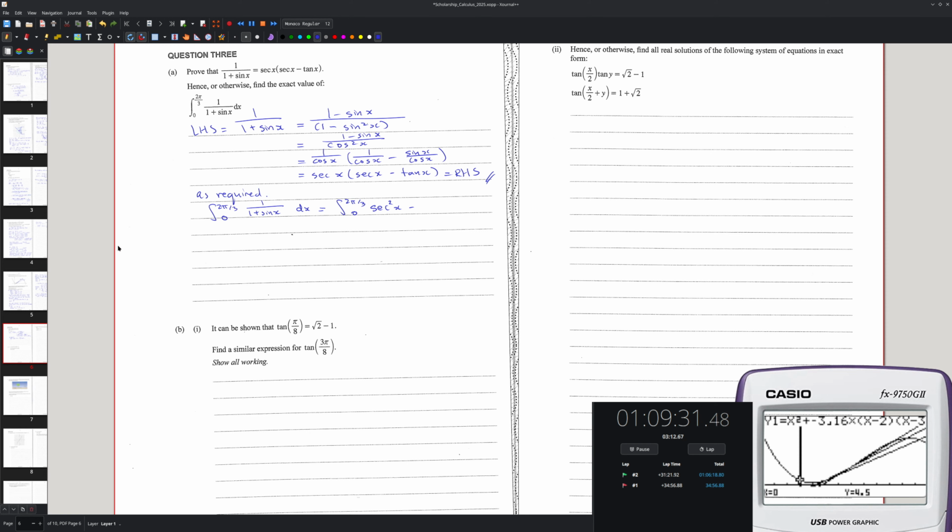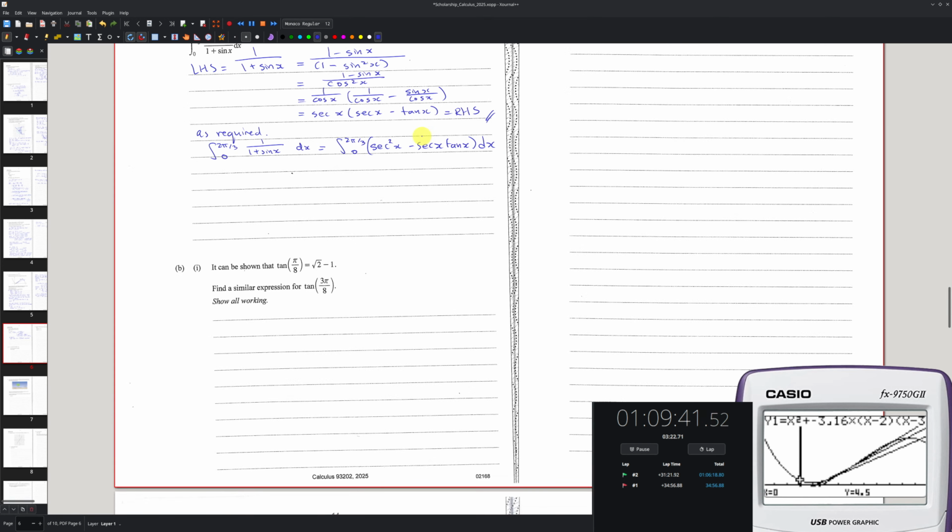But like, wait. No, there's just the formula. You just need to apply the formula, bro. Integral of sec squared x is just tan x, and integral of sec x tan x is just sec x. That's crazy.